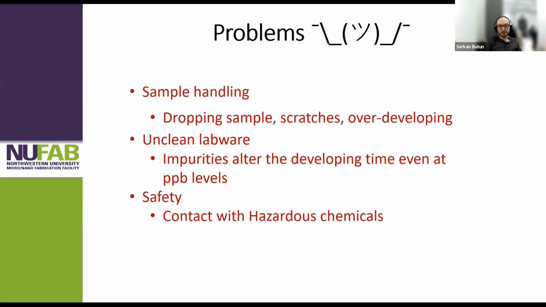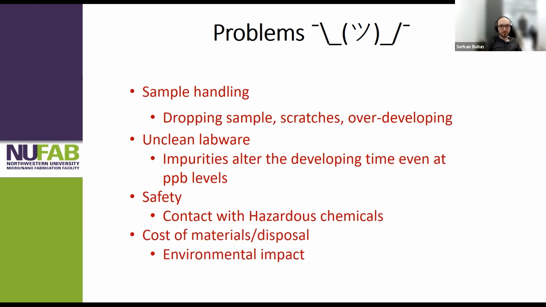Obviously, sometimes you have to use TMAH, the metal-ion-free developers, but our job is to minimize our contact with hazardous chemicals, so that's an issue. There's also an environmental aspect, because these things are expensive to buy, and even more expensive to dispose. So if you can minimize the use of these, that will be good for everybody, right?